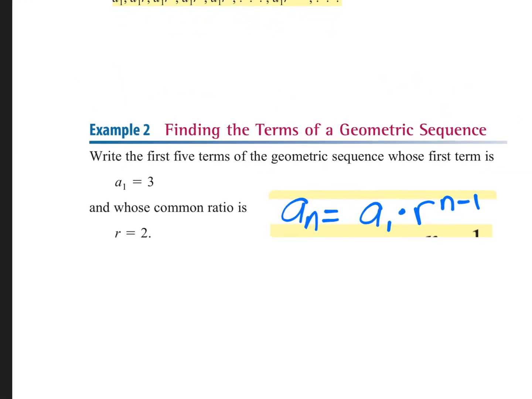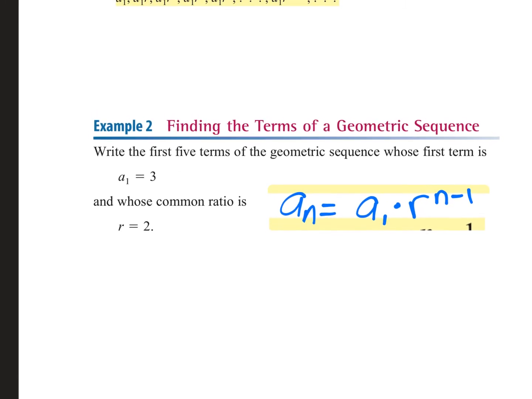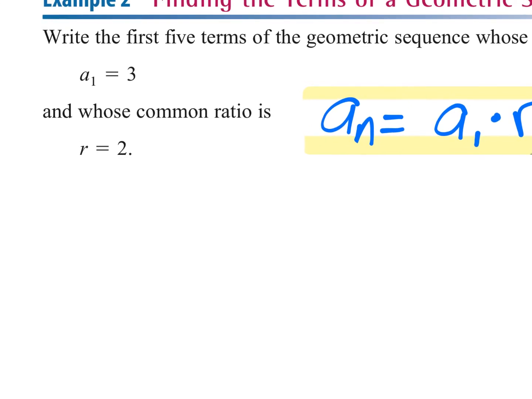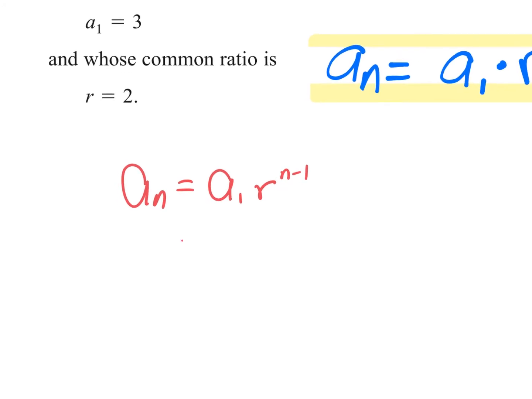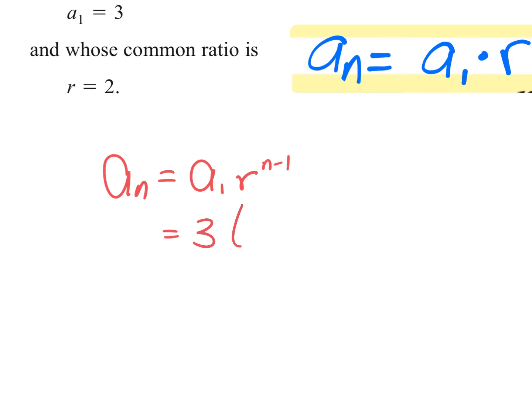So let's do an example here. Write the first 5 terms of the geometric sequence whose first term is 3 and whose common ratio is 2. So my rule, I'm going to write the rule. My rule is a1 times r to the n minus 1 power. So I have my first term is 3. I'm going to times that by 2 to the n minus 1.